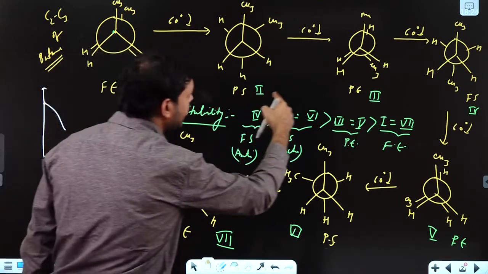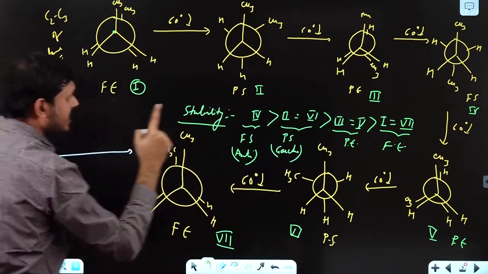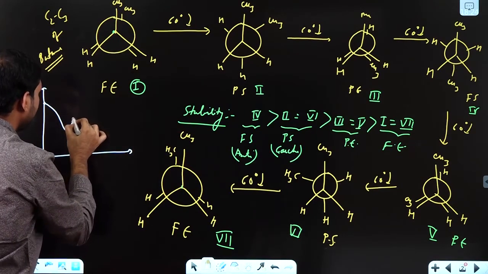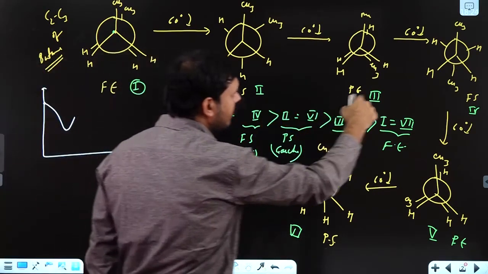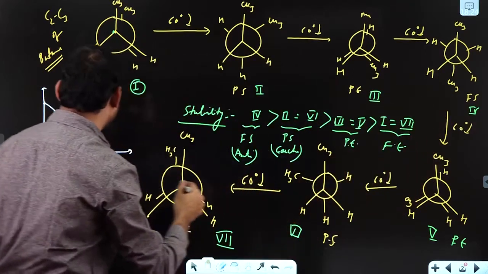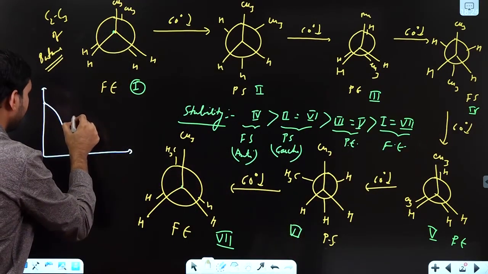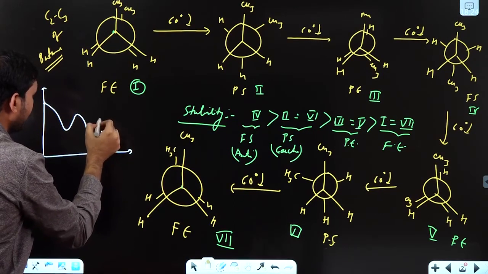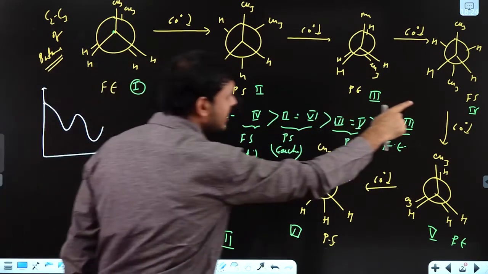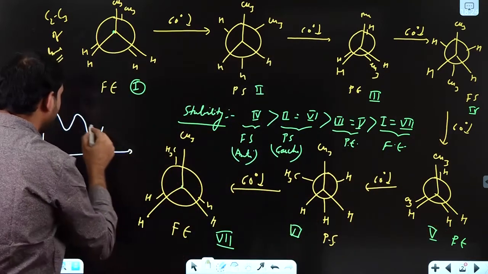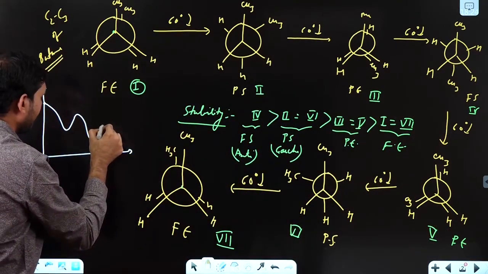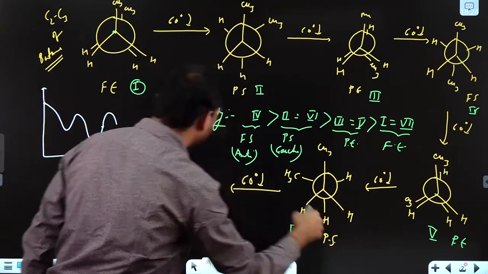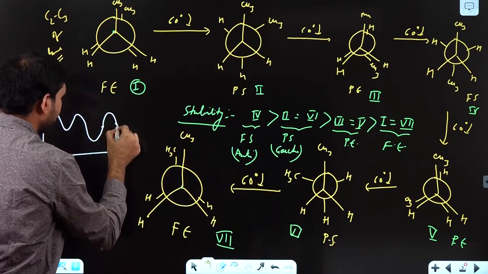Now second to third, that will be eclipsed, but not fully eclipsed, partially eclipsed. So energy will rise. Again, on rotation what you will get? Fully staggered. Now from fully staggered to partially eclipsed, and then partially eclipsed to partially staggered.